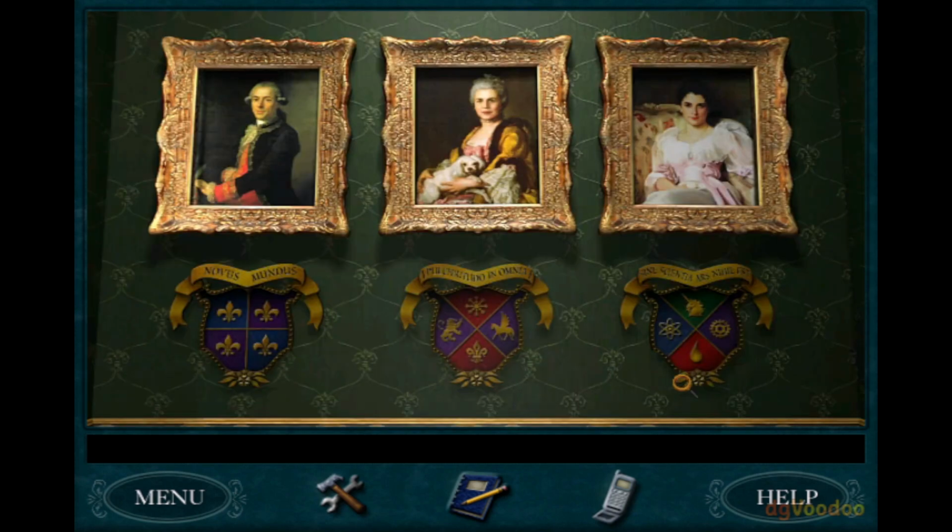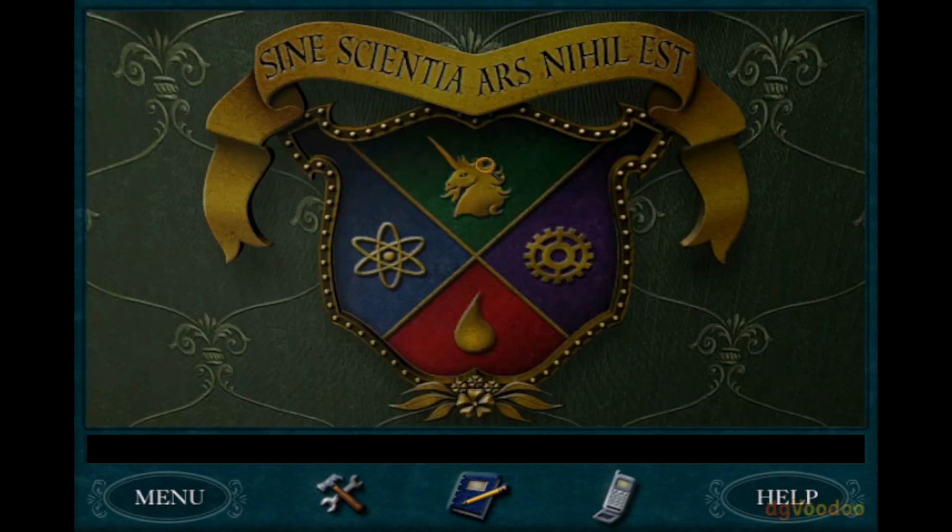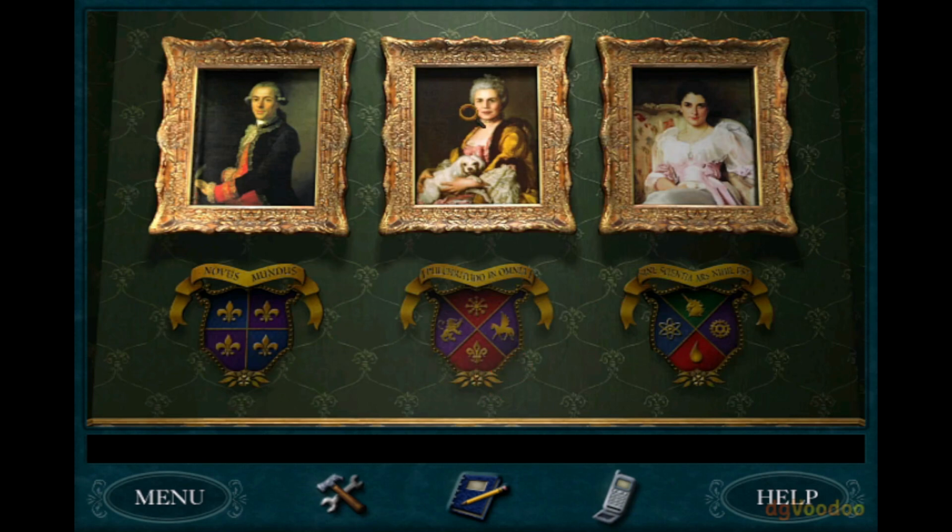I guess we can look at all of these. So, who's who here? And whose coat were we supposed to pay special attention to?